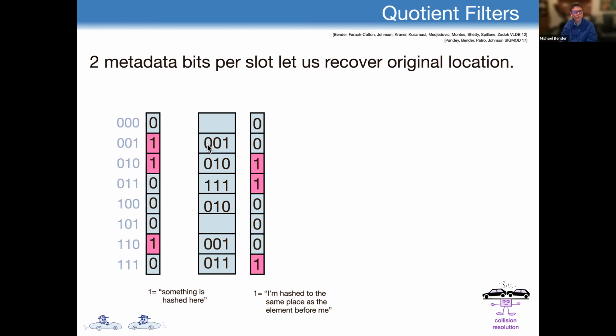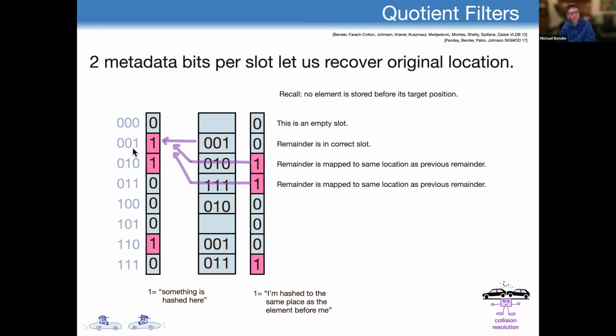Right now the only way you would get a collision is with 001, 001, or 001, 010, or 001, 111. Those are the only ways that you can get a collision.